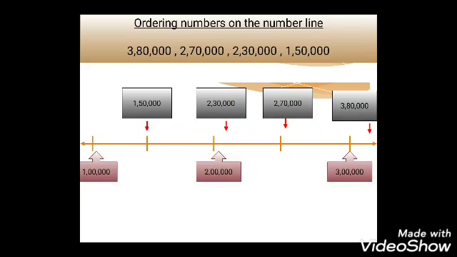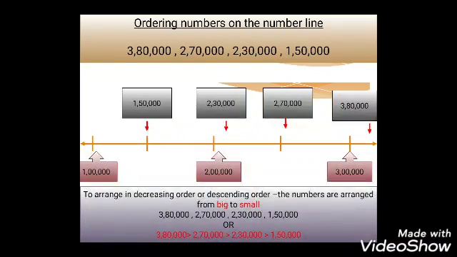So this is the ascending order of numbers. And even if we want to place the digits in decreasing order, then we can understand, if we start from the right hand side, this is the decreasing order and we can write the numbers in order form.